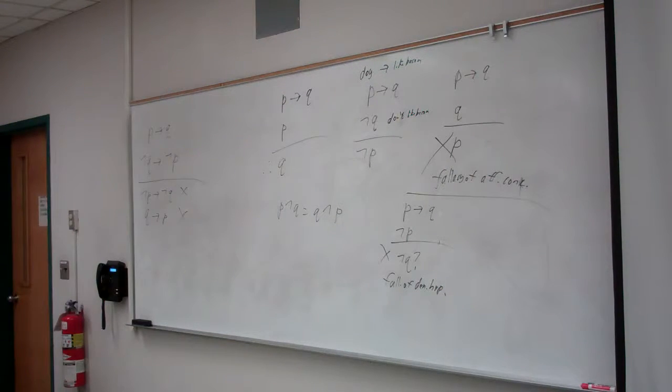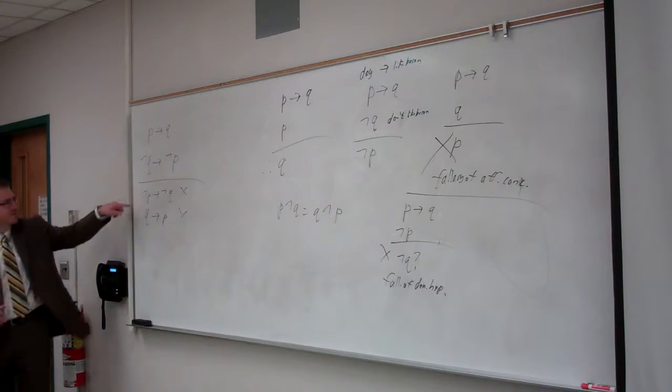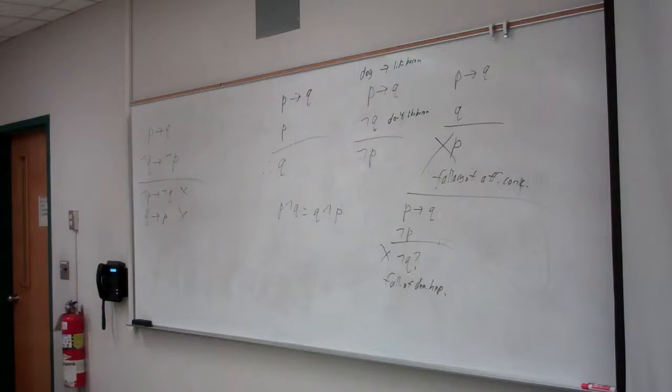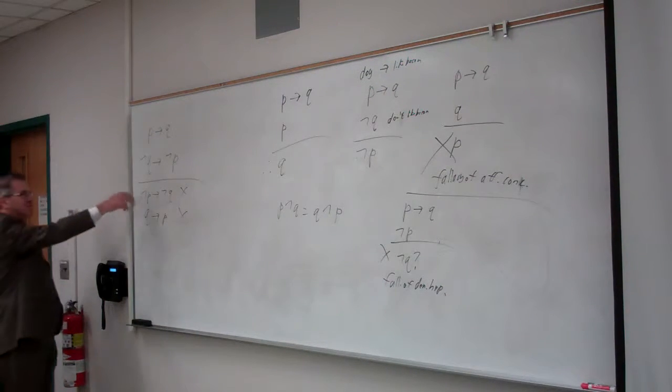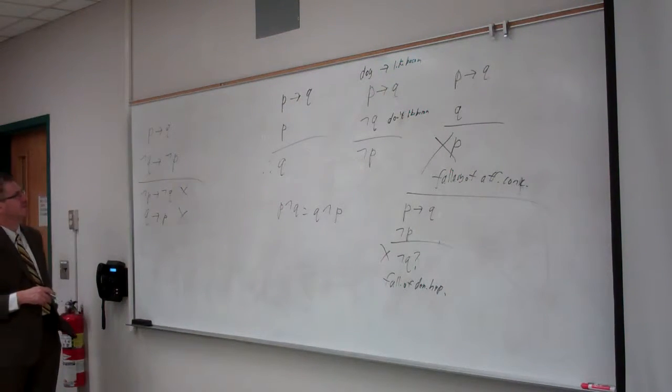I will never remember which is which, but I'll tell you shortly. Anyway, one's the converse, one is the inverse. I'm going to guess this is the inverse, this is the converse, but don't quote me. I won't ask you. But these are both not logically following.